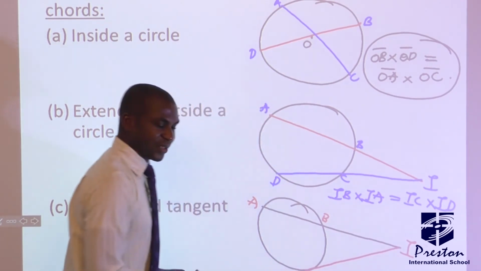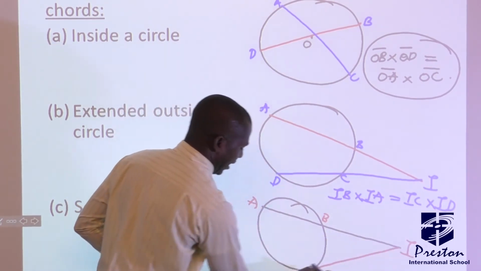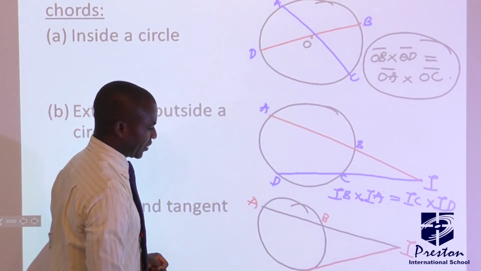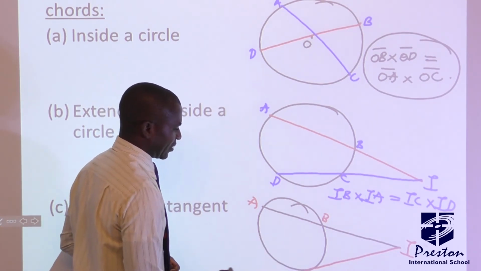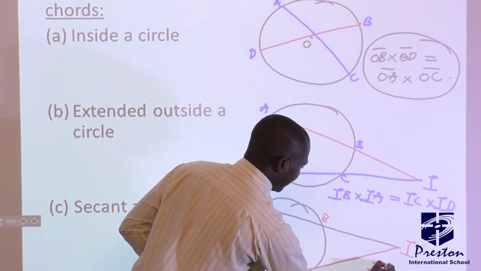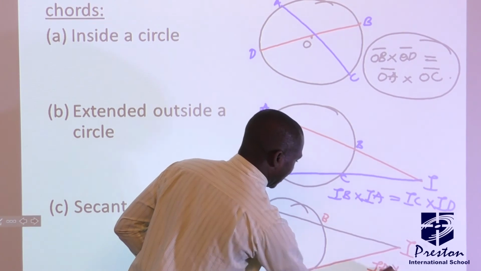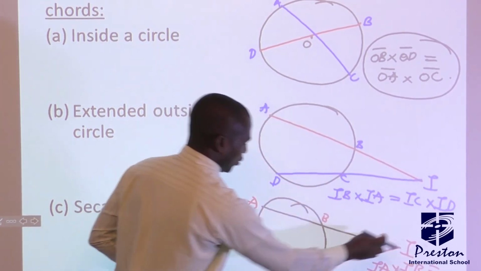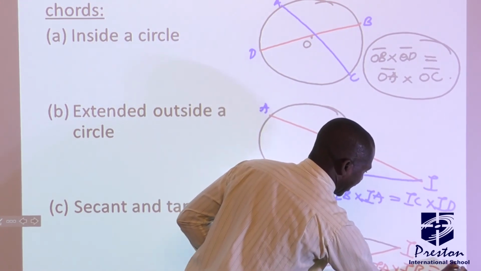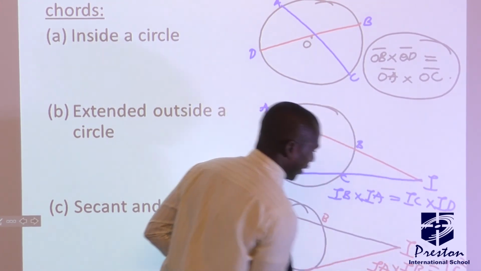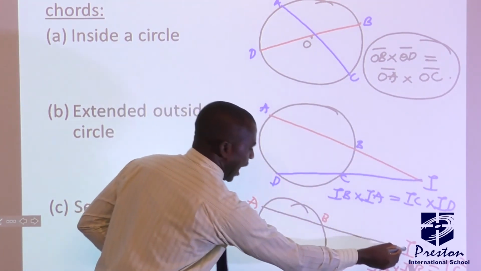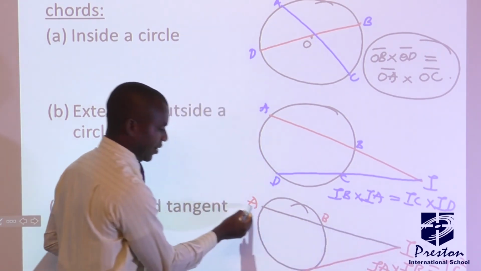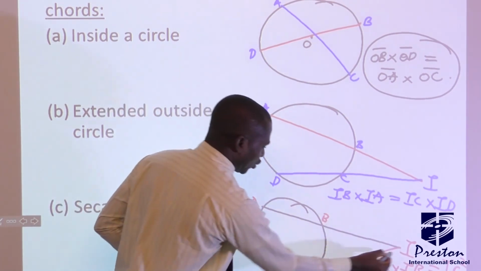AB extended to this gives us secant, and IC is tangent to the circle. Now in this case, my IA times my IB is equal to IC squared.